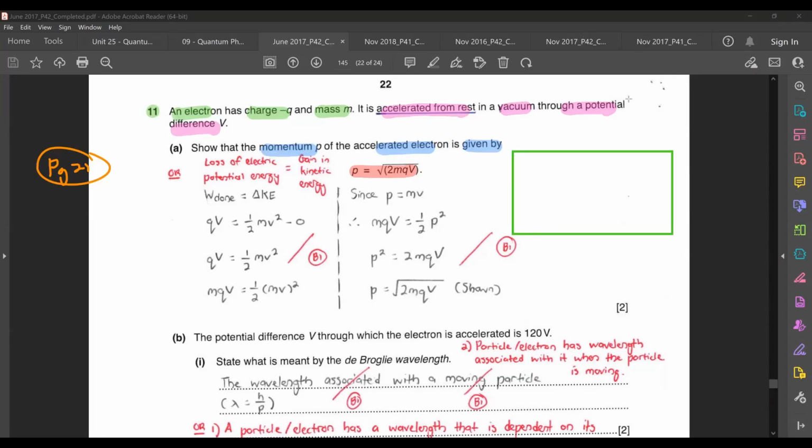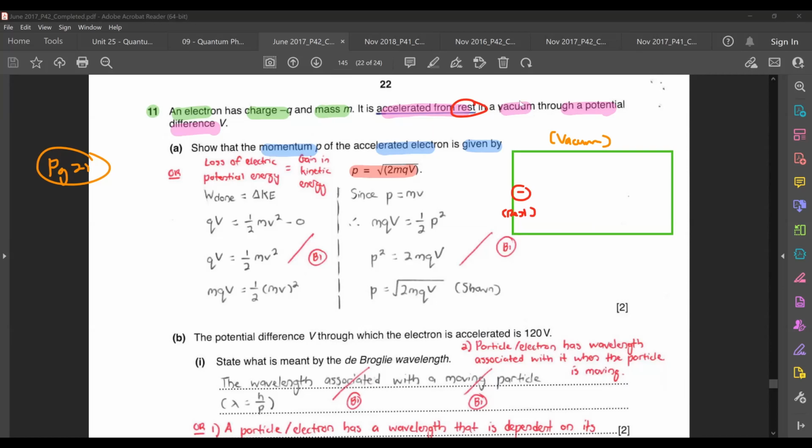So say this one is your vacuum. Right now, you have an electron that is at rest, because they say it's accelerated from rest. So this one is at rest. Okay, so you accelerate from rest in a vacuum through a potential difference.